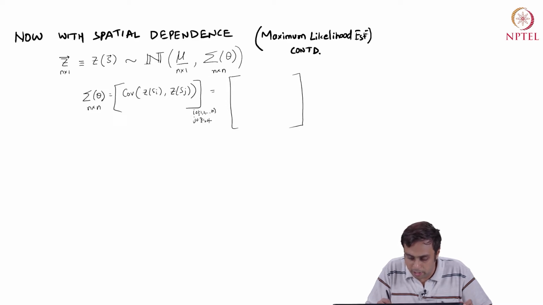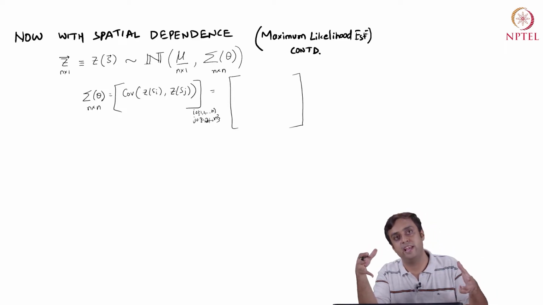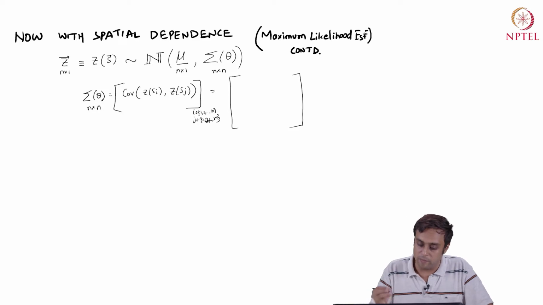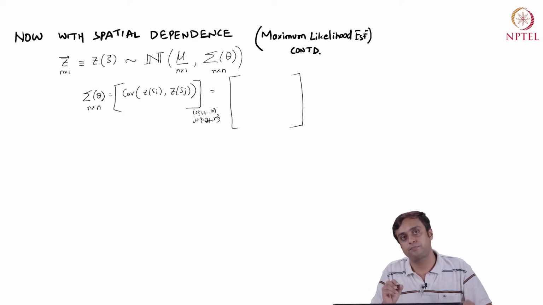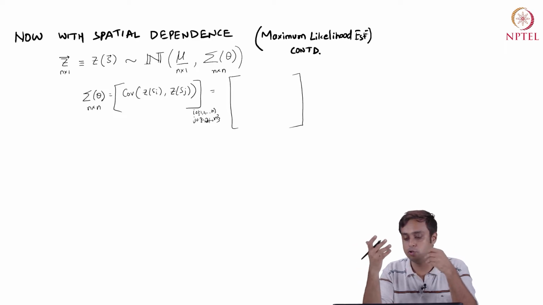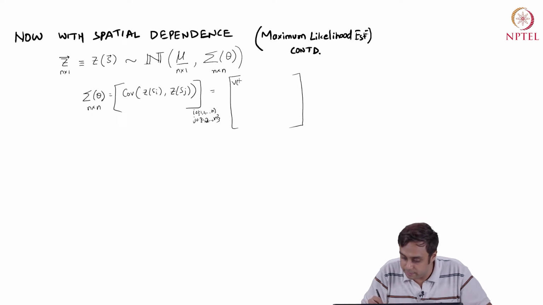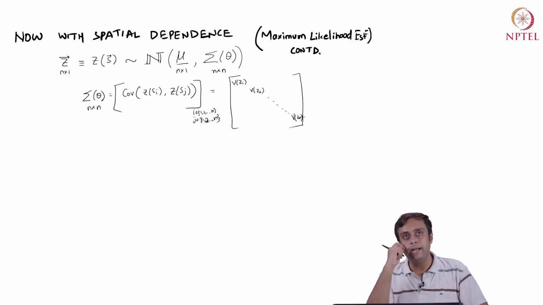So, we are basically looking at different combinations of i and j in this covariance element, right. So, when Si and Sj are representing the same location, that is i is exactly equal to j, I have the diagonal elements. So, I have variance of Z1, variance of Z2, all the way till variance of Zn, right.